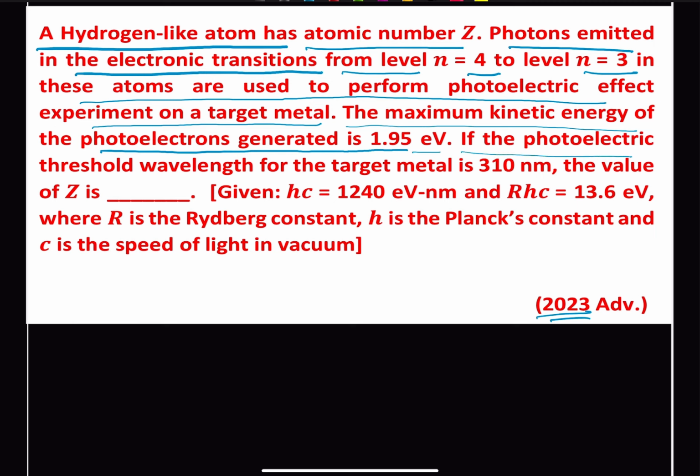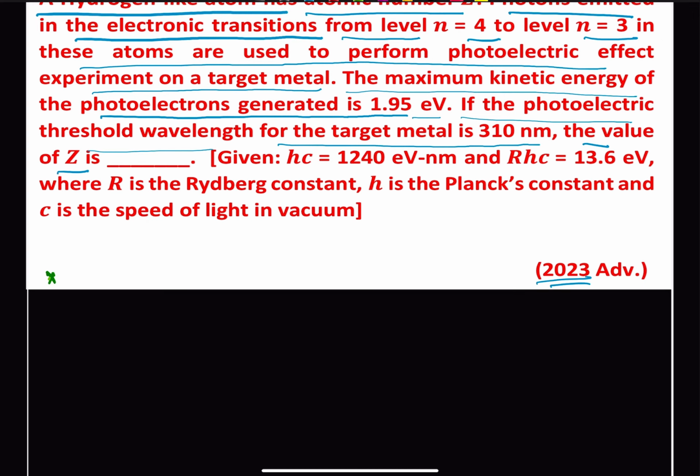If the photoelectric threshold wavelength for the target metal is 310 nanometer, the value of Z is, various constant values are given to us. So we are given the transition, and that transition is the value of n is 4 to value of n is equal to 3.